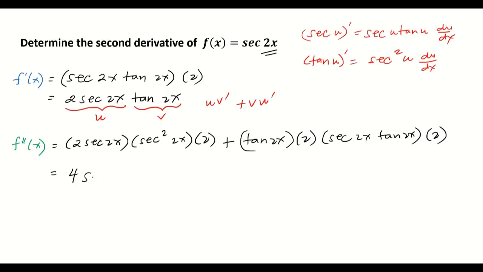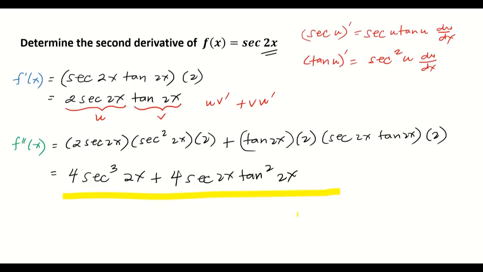So this would be 4 secant cubed 2x plus 2 times 2, we have 4, and then let us combine tangent 2x and tangent 2x here. So that would be secant 2x and tangent squared 2x. So this is now the second derivative of secant 2x.